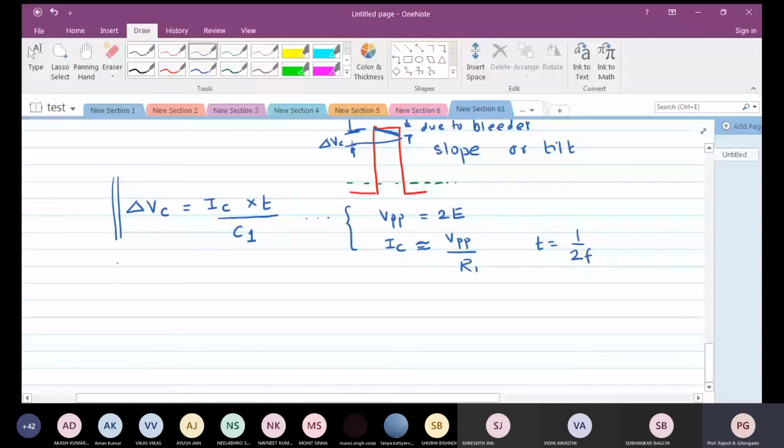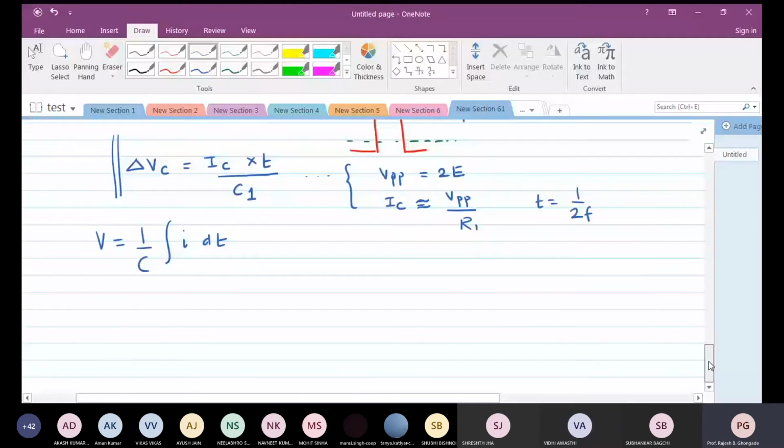V is equal to 1 by C integral I dt. We have already discussed this. This is the voltage across a capacitor and the current relationship.